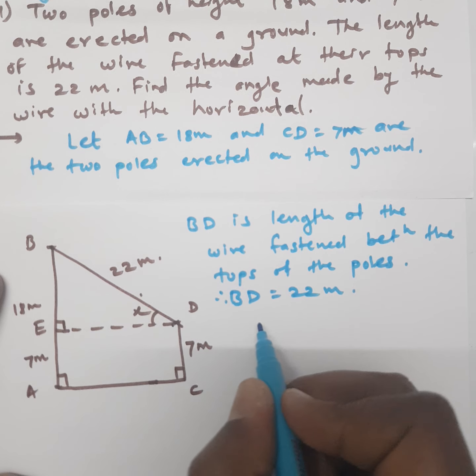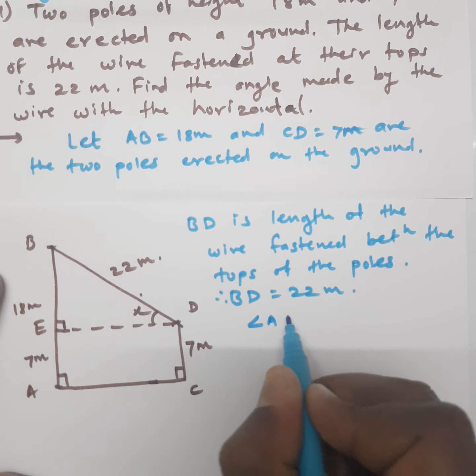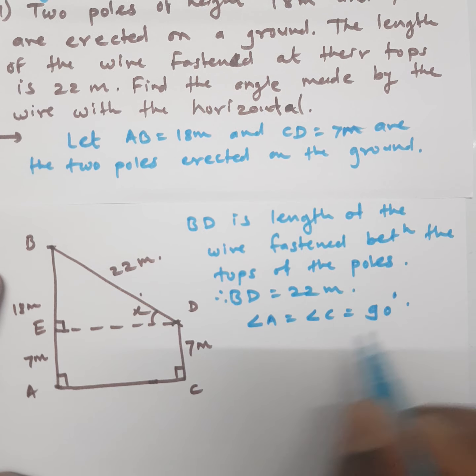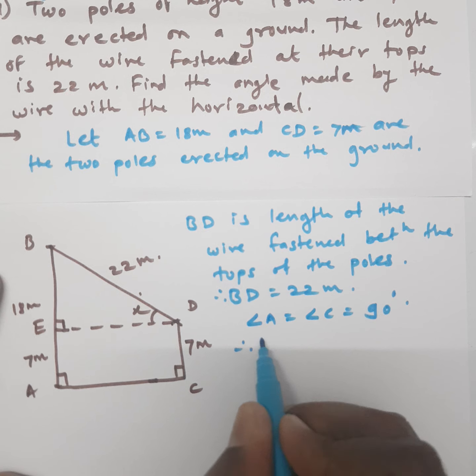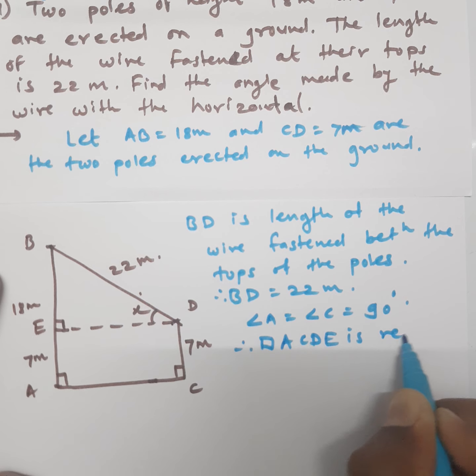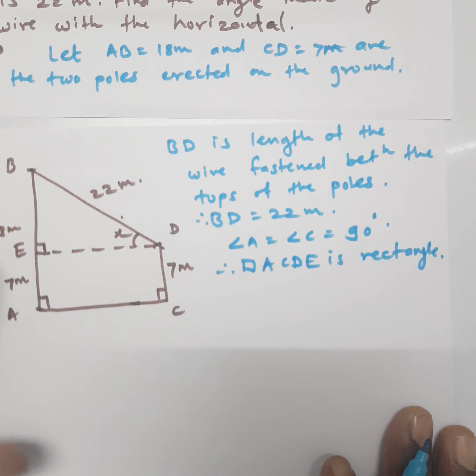Now angle A is equal to angle C is equal to 90 degree. Therefore, quadrilateral ACDE is a rectangle.